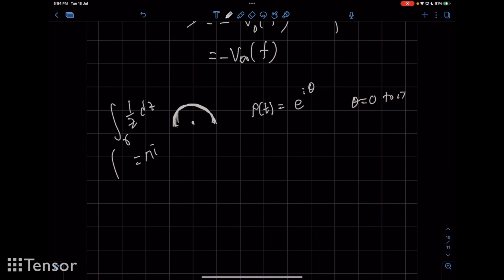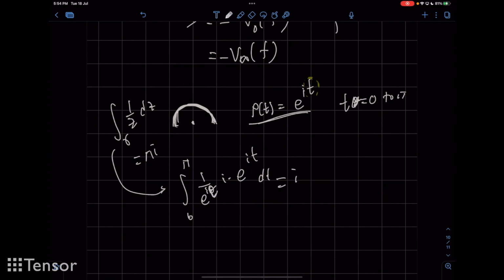This integral essentially boils down to the integral from 0 to pi of 1 over z, which is 1 over e to the I t, times the differentiation of this thing, which is I e to the I t dt. So this is I times the integral from 0 to pi of dt, and it's indeed pi I.